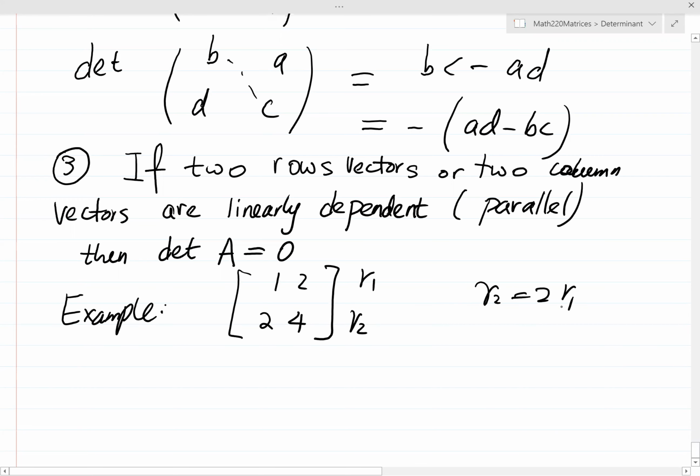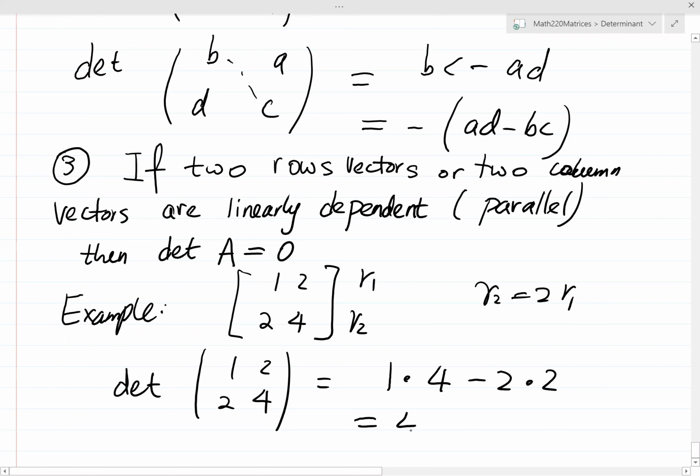They are a multiple of one another, so they are linearly dependent and parallel. In that case, the determinant of this matrix 1, 2, 2, 4 will be 0. You see 1 times 4 minus 2 times 2, so you get 4 minus 4, which is 0.